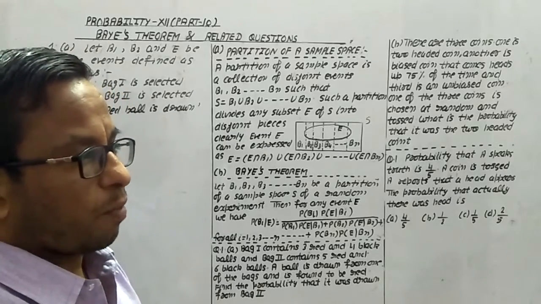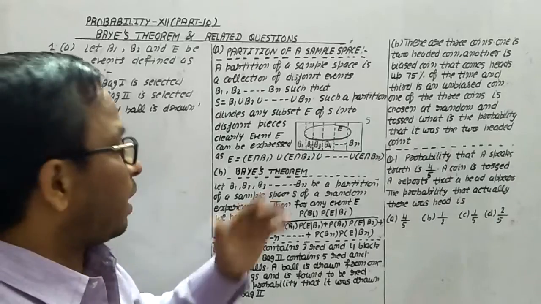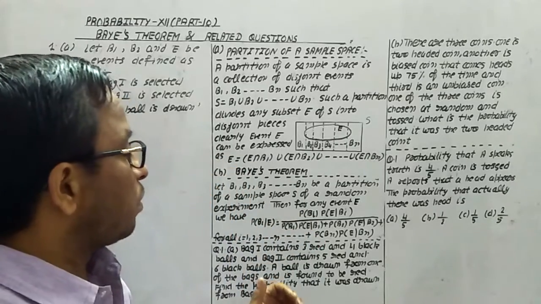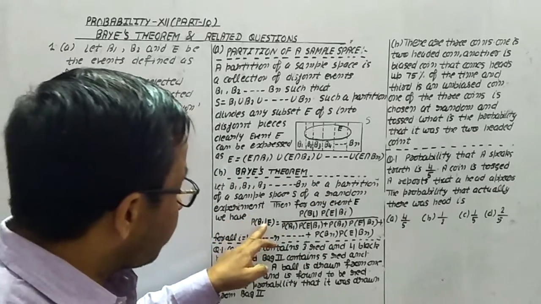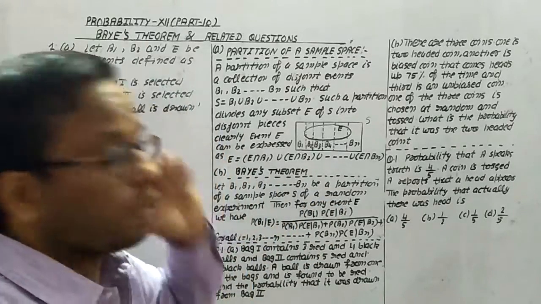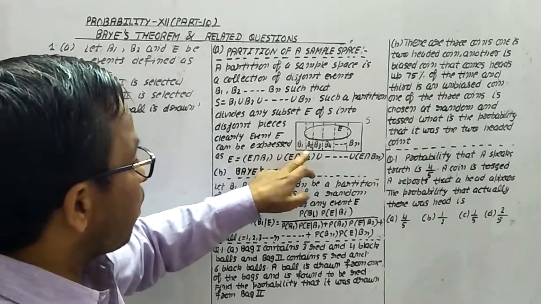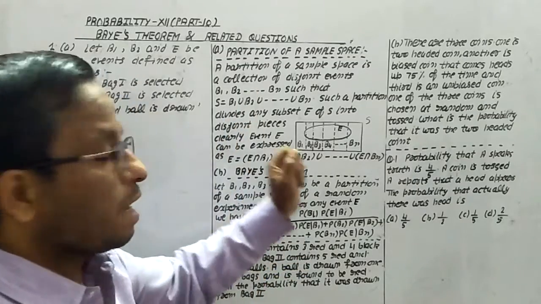In the theorem of total probability, we were finding the probability of E, but in Bayes theorem, we have to find out, for any event E, the probability of Bi upon E. It means the probability of any partition when event E is happening.